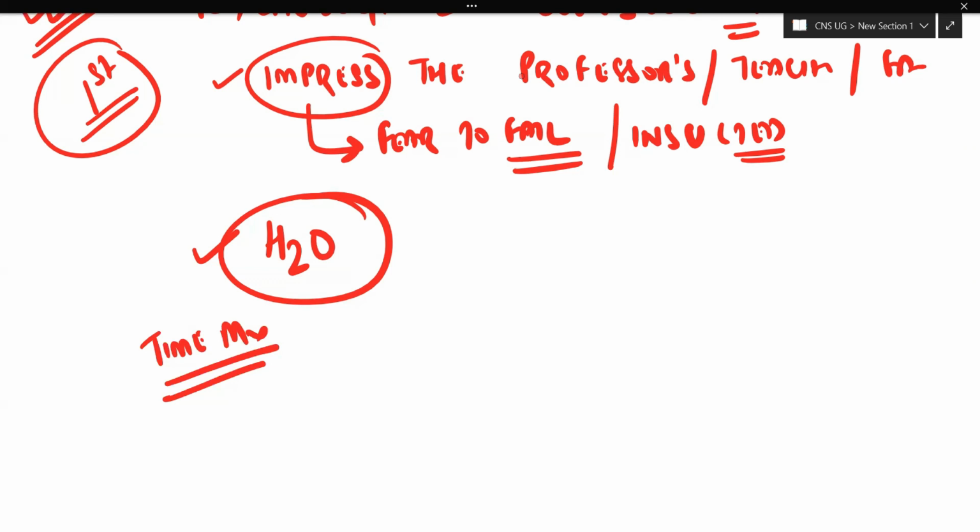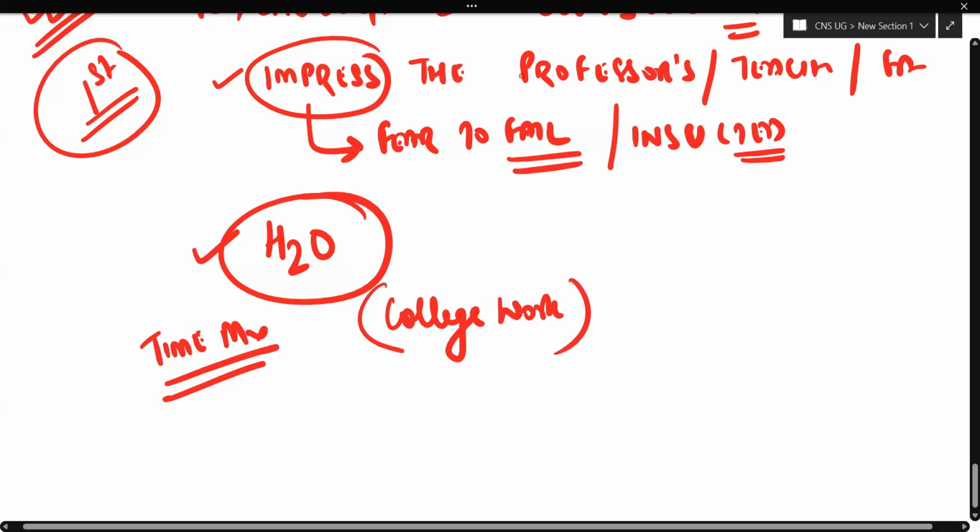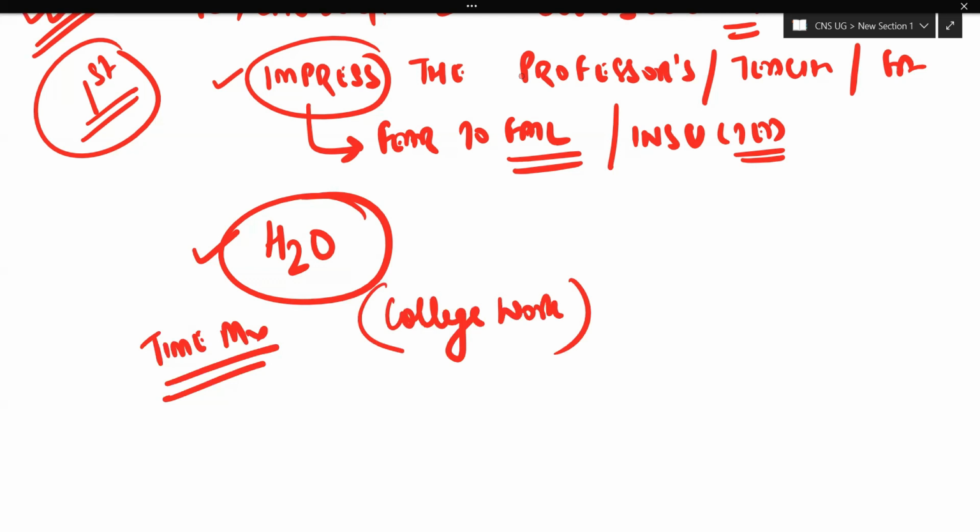I'm not saying that you shouldn't spend time on that, but you have to divide your time in the first year. Your college work includes impressing teachers, reading for certain small exams, presenting seminars, JC topic discussion, or sometimes slide examinations and the tests based on them.